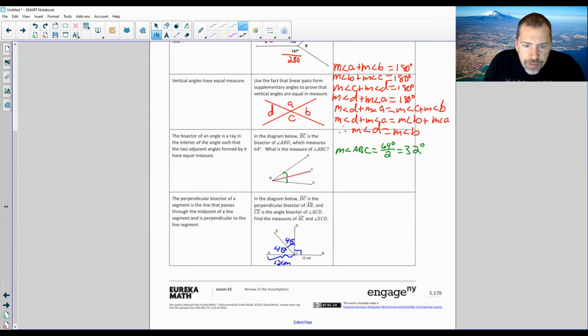This is 45 degrees because it's half of 90. So 45 plus 45 is 90, and 90 plus 90 is 180. So we would say AC equals 12 centimeters, and the measure of angle ECD equals 45 degrees. Okay.